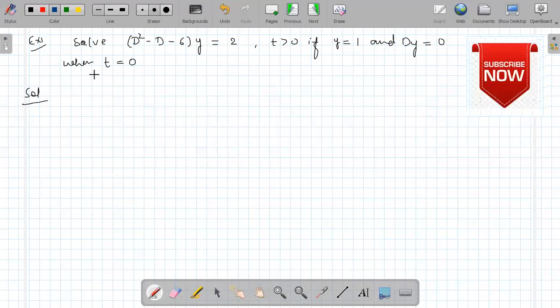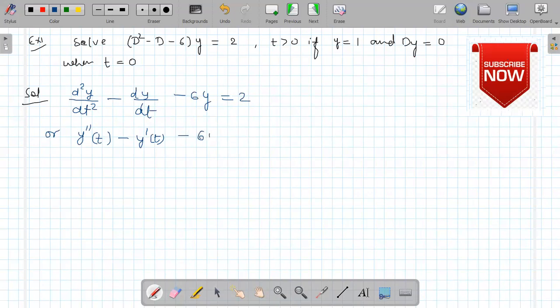This equation can be written as d2y over dt square minus dy over dt minus 6y is equal to 2. Or you can also write this as y double dash t minus y dash t minus 6y is equal to 2. So we'll take Laplace transform of this equation both sides.